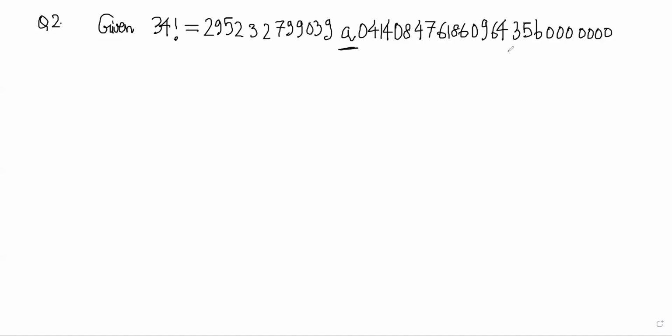So basically, two digits are unknown in this whole value of 34 factorial in the decimal notation, right? Your job is to find A and B.